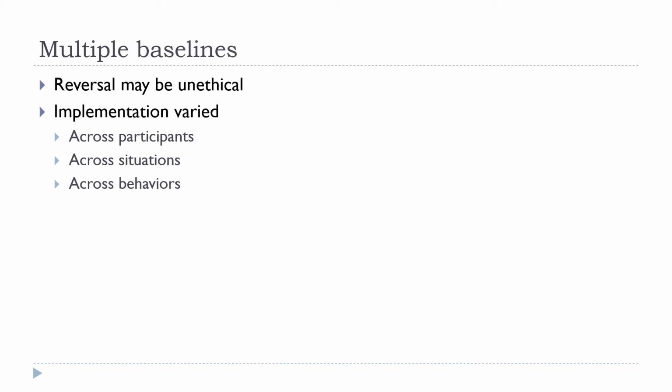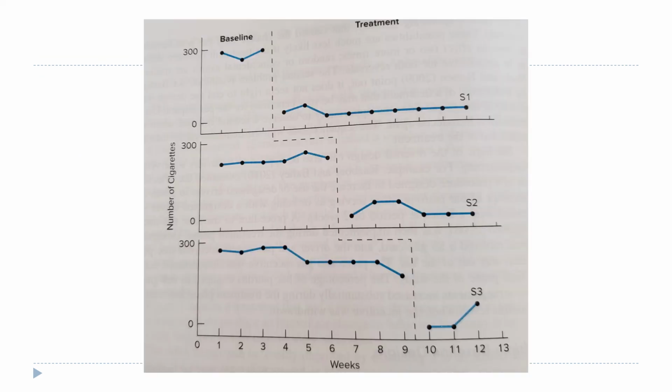You could take a look at the same person across a variety of situations, or you could take a look at related behaviors and once again implement at different times in order to see whether the intervention leads to changes for each of those behaviors in turn. So you can vary the time of the implementation for each person, situation, or behavior to see if the change occurs after, to ensure that it's because of the implementation and not because of something that's happening in that person's life at that particular time.